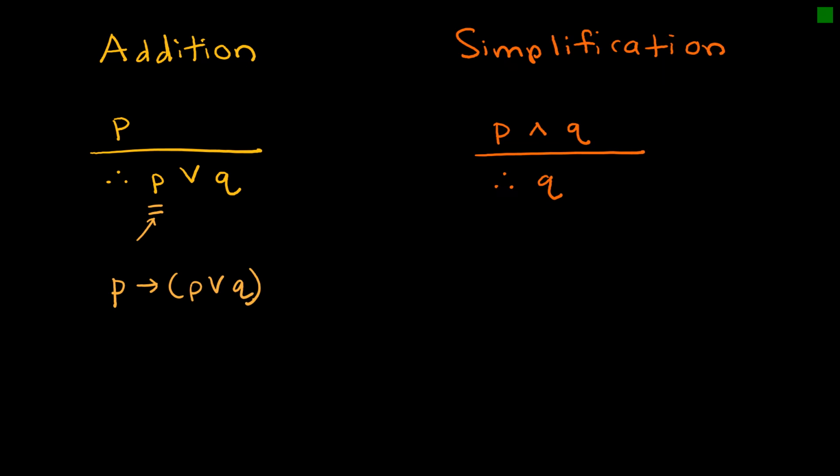Simplification is sort of backwards. This one is saying, hey, P and Q have both occurred, and because of that, I can tell you that Q is true. I could just as easily change this and say, therefore P. That would still be the same rule, essentially saying I know they both happened, therefore one of them happened.